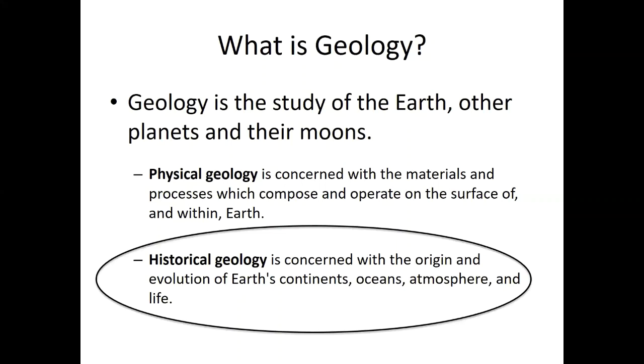All these different sciences, we understand how they work, and then we apply that understanding to what we observe at the scene in order to construct what happened. Right, so that's what historical geology is. We take our understanding of physical geology and apply it to the observations we make on a planet to come to conclusions about what happened in the past and put together a narrative that is Earth's history.